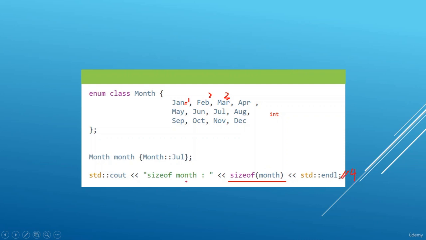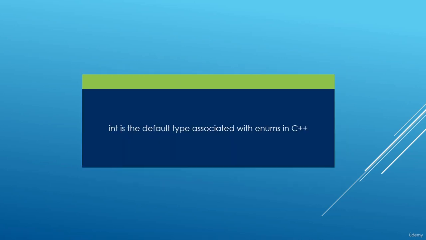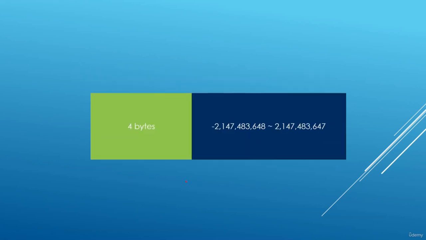So in C++, enum classes are represented by integers, the type int, by default. Because integers have this range by default in C++, this is the range of values we can use to represent our enumerators in our enum class types. If we go beyond this range, we're going to get a compiler error.